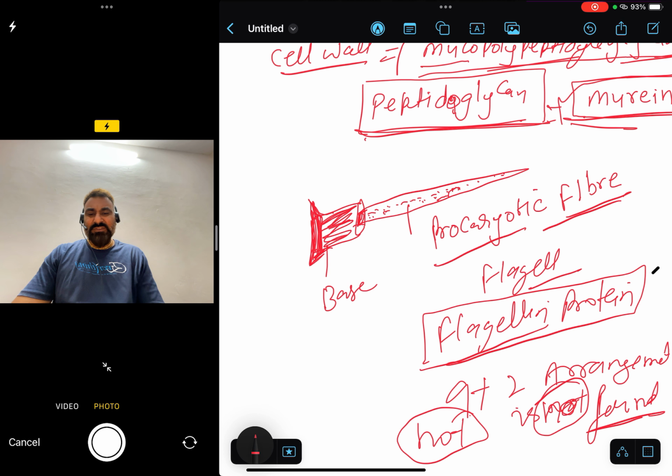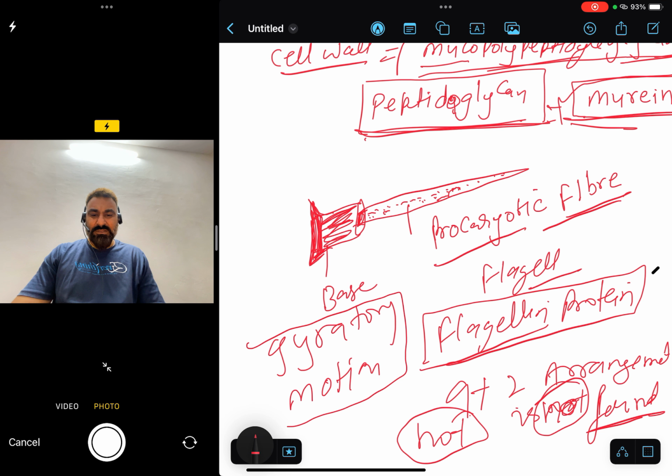So it produces a gyratory motion. This gyratory motion helps bacteria to move upward, backward, forward, in every direction.